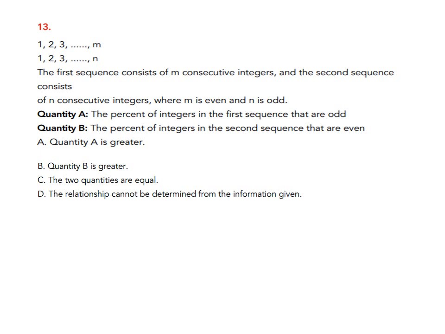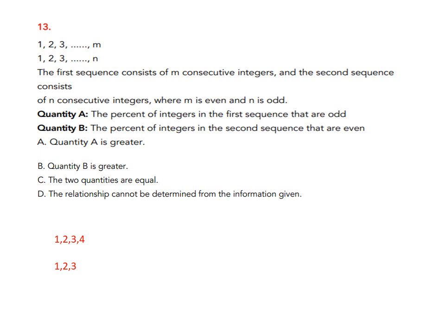Quantity A asks for the percent of integers in the first sequence that are odd, and quantity B asks for the percent of integers in the second sequence that are even. Let us take an example with numbers. So 1, 2, 3, 4 fulfills the condition that m is even, and 1, 2, 3 is the second sequence where the condition that n is odd is fulfilled.